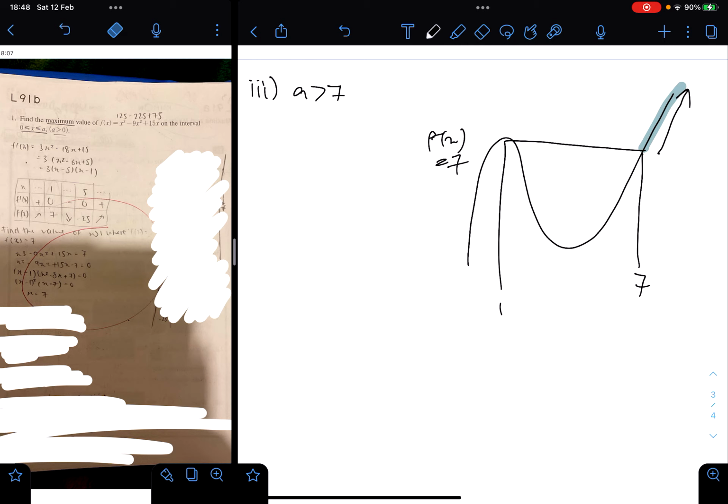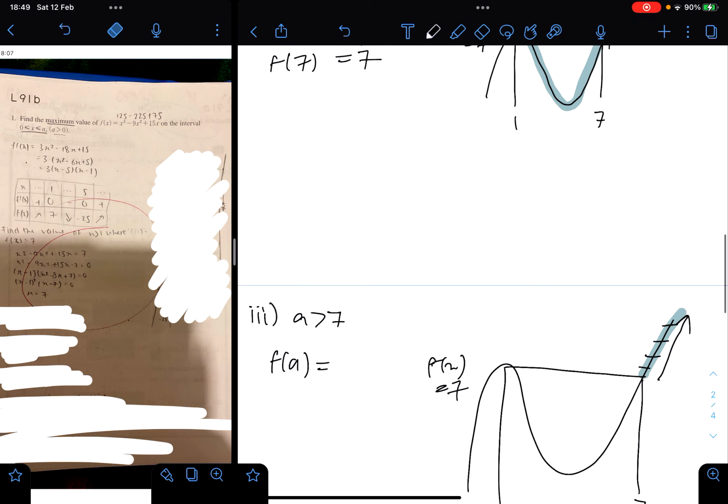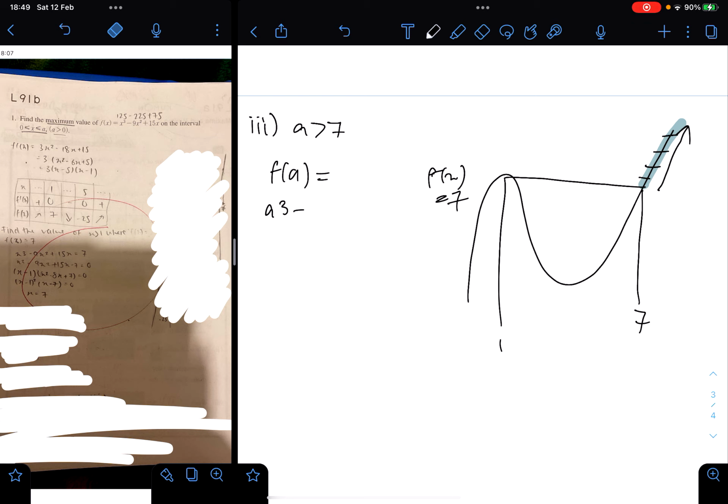And the maximum point over here would be f of a, and that is because as you go up the graph, as x increases, f of x increases as well. So the highest value would be whatever a is. So the end of the interval. So same as this over here, it's going to be a cubed minus 9a squared plus 15a.